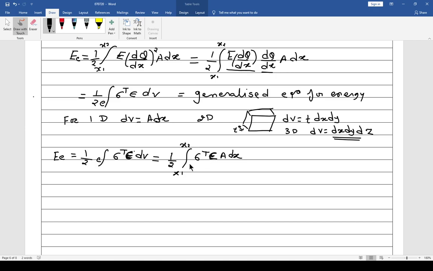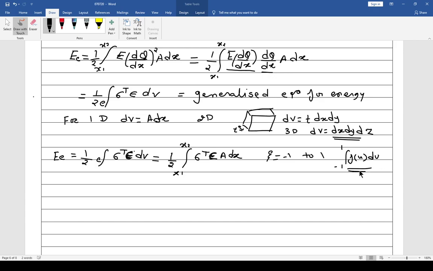Now the problem is the limits x1 to x2, x2 to x3, then x4 to x5 are going to create a problem. Therefore I create a local coordinate system xi, which goes from -1 to 1 for each and every element, to take advantage of Gauss quadrature, whose limit is -1 to 1, integral of f(xi) dxi.